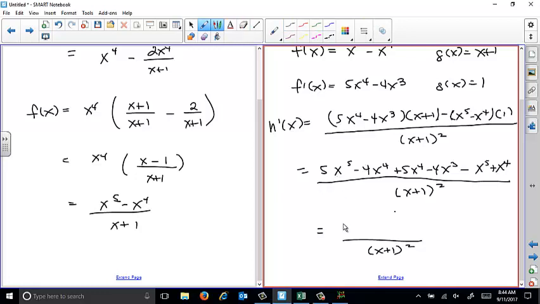Okay, so we get 4x to the 5th, negative, what is it, -5, so it's plus 2x to the 4th minus 4x cubed. Is that right? Yeah, sorry about that. Yes, it should have subtracted.